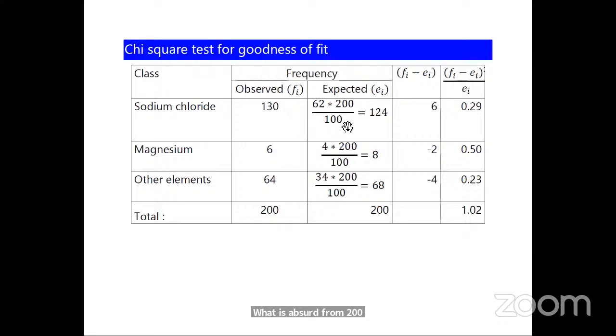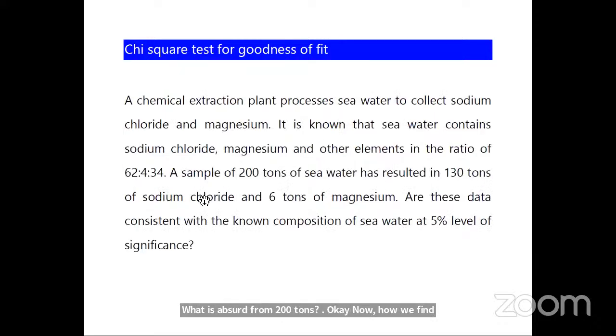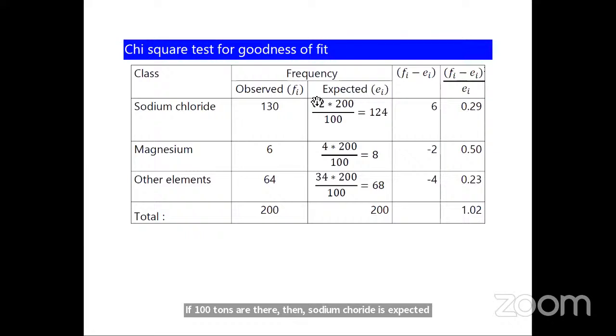Now, how we find the expected frequencies: 62 is there. Say, for sodium chloride, if 100 tons are there, then sodium chloride is expected to be 62 tons. That's why here we have considered 62 tons. But we have 200 tons, so multiply by 200.